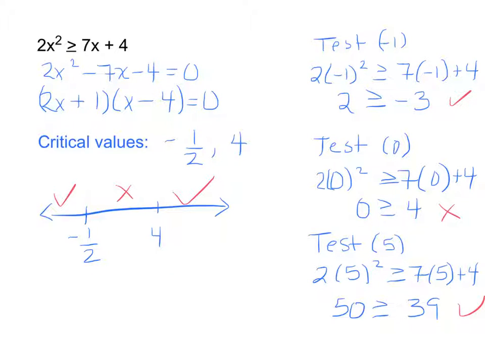This one has 2 regions as the solution, so we can't write one statement like we did in the previous one. If there's one region, you can write one statement, but if there are 2 regions, you have to write 2 statements.